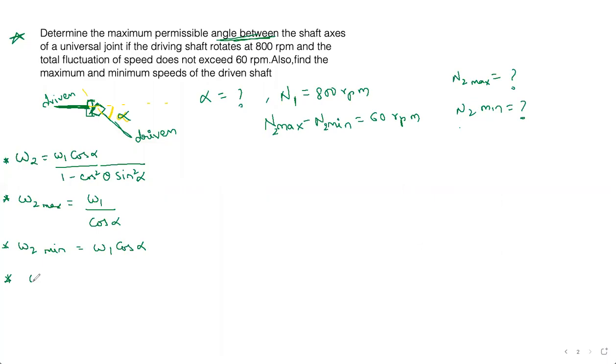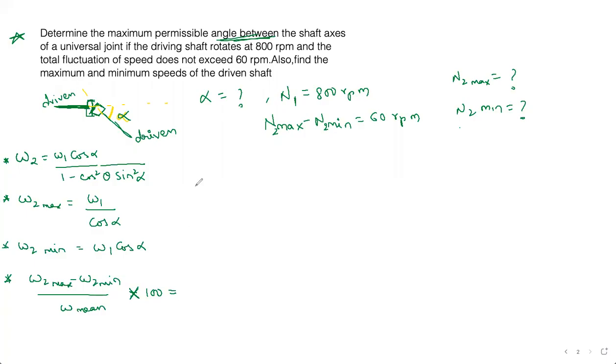Then the next formula is omega 2 maximum minus omega 2 minimum divided by omega mean, multiplied by 100. This is the variation, or you can say the maximum fluctuation with respect to mean position.